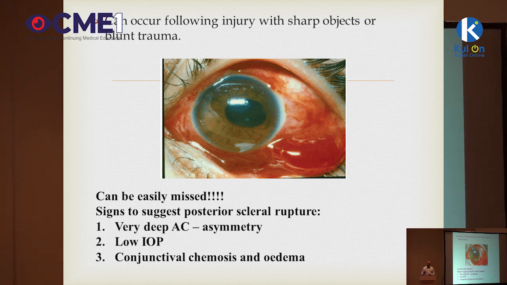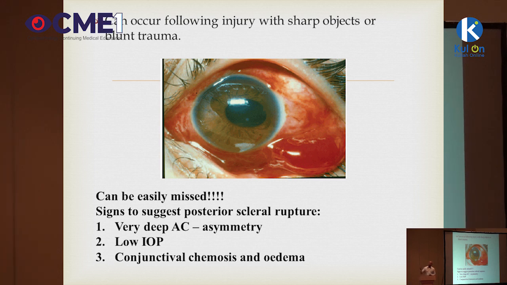So there are 3 things I tell my residents that would indicate a patient has a posterior rupture. If they have a very deep anterior chamber, and sometimes in patients with high myopia, they will have a very deep anterior chamber. But the way you can check whether they have a pathological deep anterior chamber or a physiological one is to compare the 2 eyes.